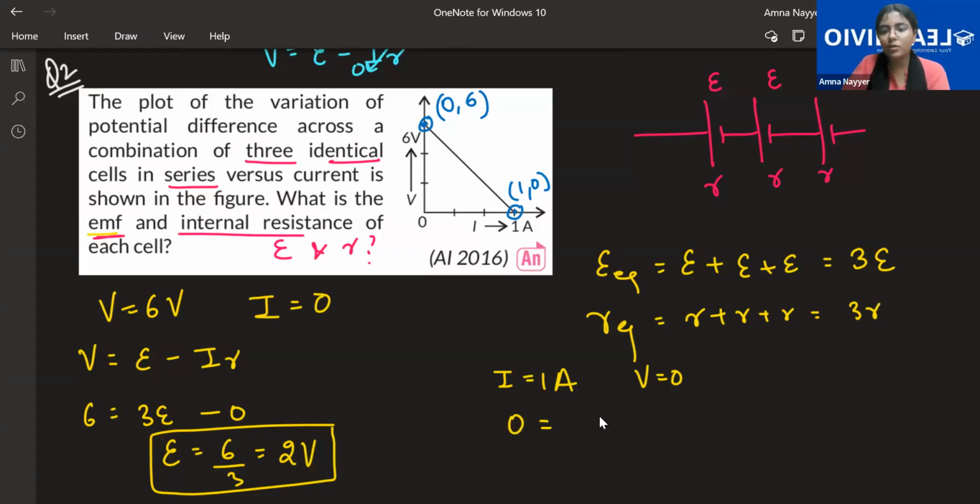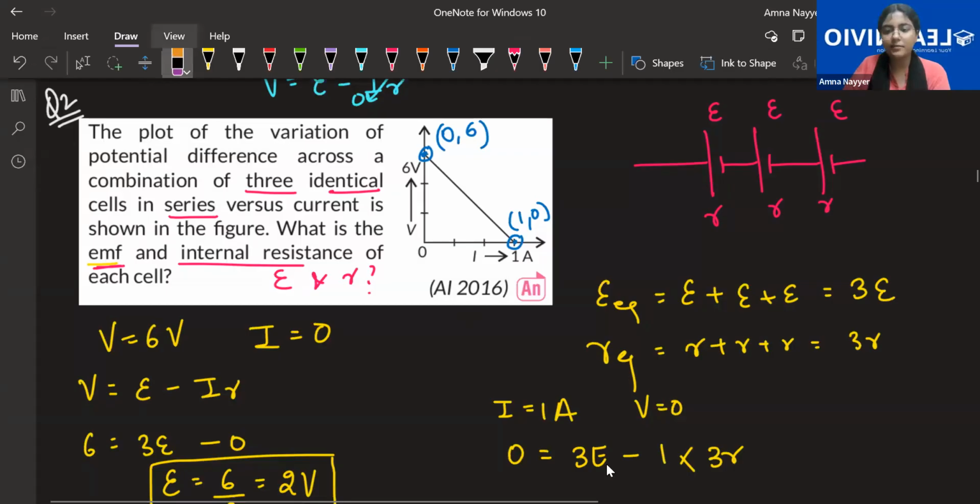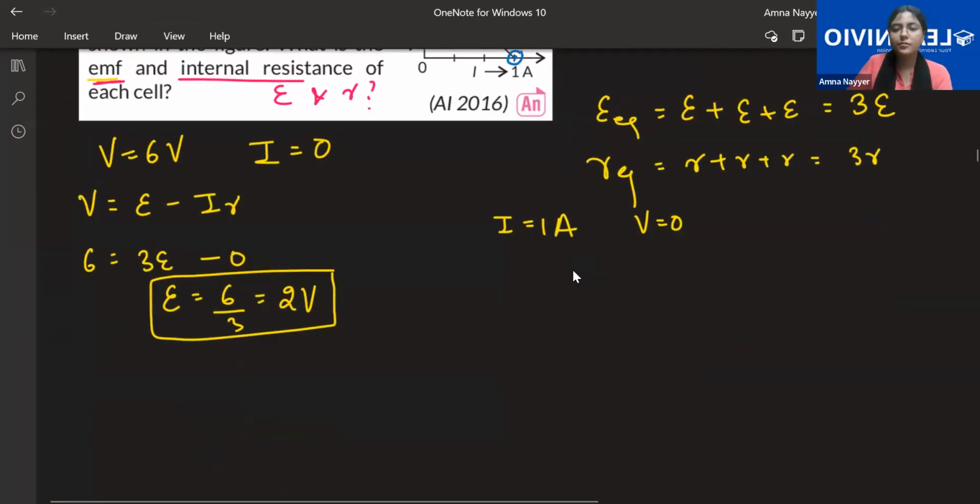0 is equal to 3E minus current, which is 1, and what's the resistance? 3R. Right? This is how we write the internal resistance. Do you agree here? See, in the main equation, V is equal to E minus IR.